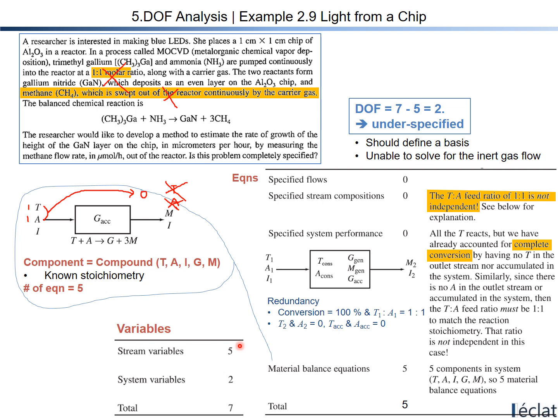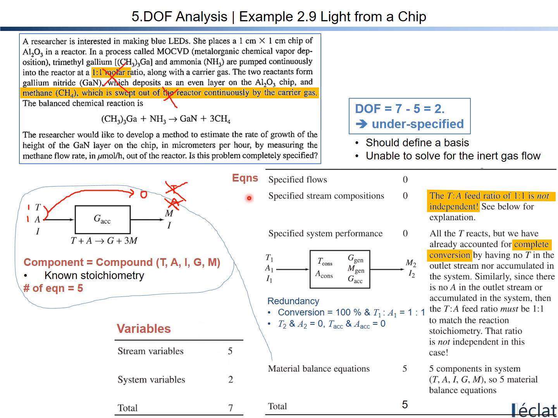And the other thing, how many system variables do we have according to the textbook method? Again, you don't need to think about generation and consumption terms. The only thing you need to think about is the accumulation term, plus one more equation. So the number of system variables is 2. Then totally 7 unknowns are there in this problem.